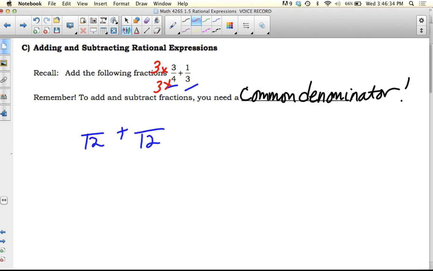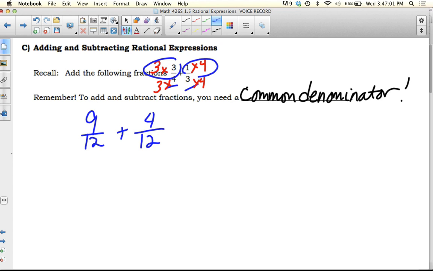For 1 over 3, I now have a denominator of 12. What did I do to the 3 to get 12? I had to multiply by 4, right? But whatever you do to the bottom, you have to do to the top as well. Okay, so now that gives us our new numerators. So 3 times 3 at the top gives us 9, and 1 times 4 gives us 4.